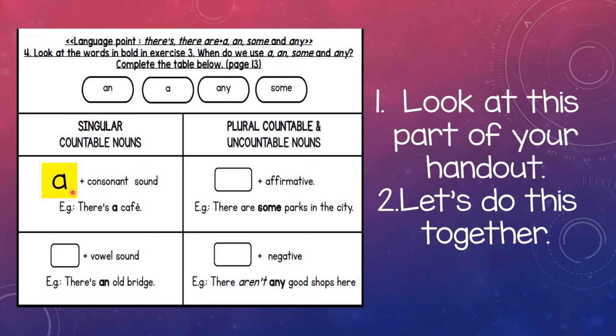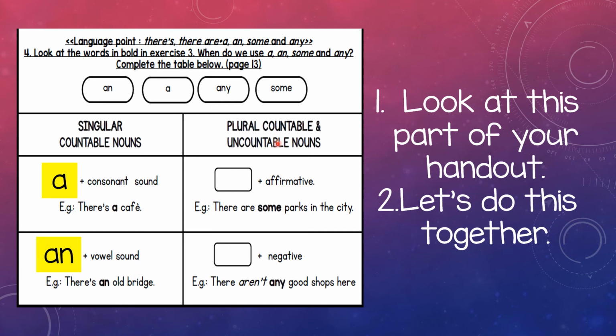For example, a ball, a dog, a cat. And blank plus vowel sound. There are only 5 vowel letters: A, E, I, O, U. So the sound should be A, E, I, O, and U. We use an.